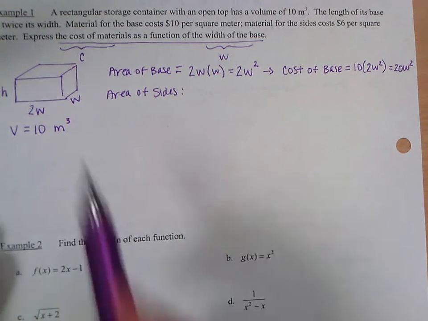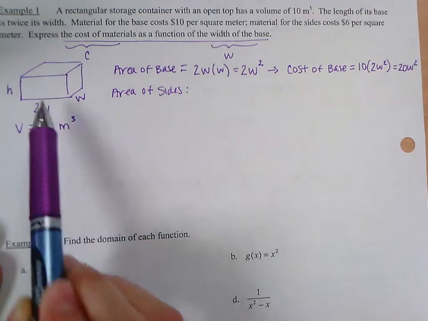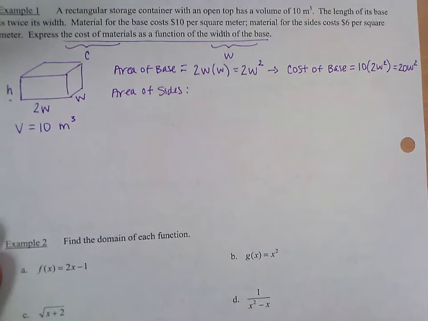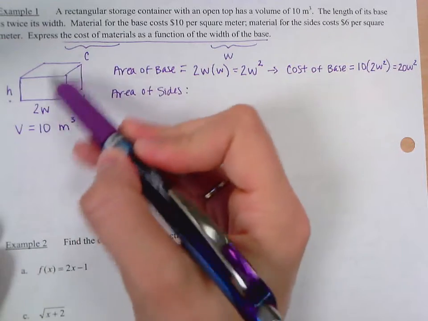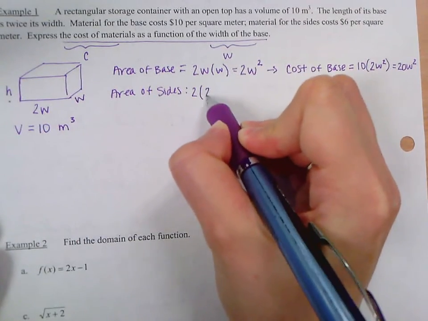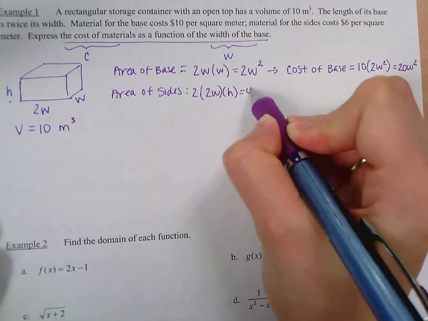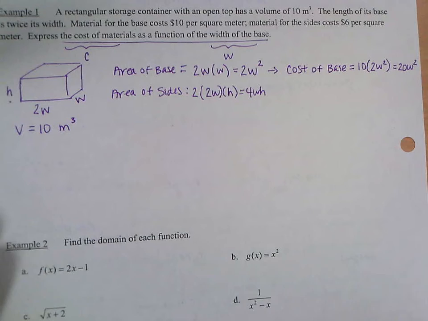So if I look at this front side, which would be the same as the back side, I would have an area of 2W times H. But I do have two of those. So I would have 2 times 2W times H. So 4WH would be the area of two of the sides.